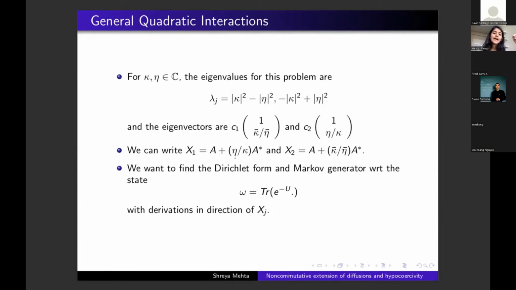Now, once we have these eigenvectors, we can use the theory defined by Olkiewicz and Zegarlinski, where they use the eigenvectors to prove Poincare inequalities. So we can use that and prove the Poincare inequality for this case.